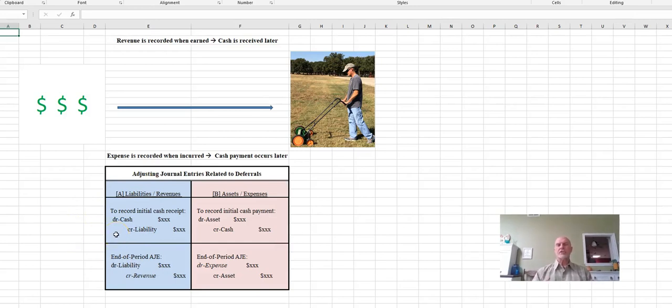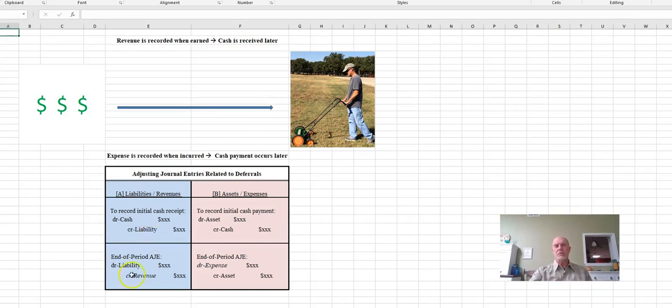Sometimes customers pay us in advance, and when they pay us, we debit cash and we credit a liability. We call it unearned revenue. So we have a liability because we owe them work. We've already collected the money, but we haven't done the work yet. Well, if you get to the end of the year, you need to update the fact that some of this work has been done.